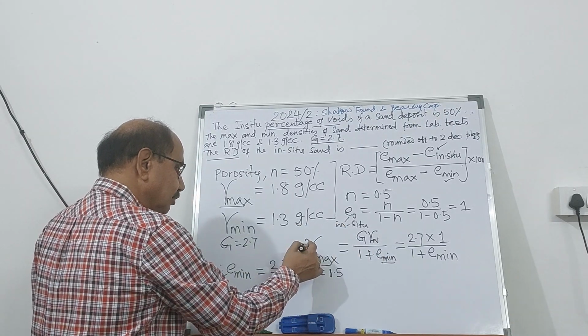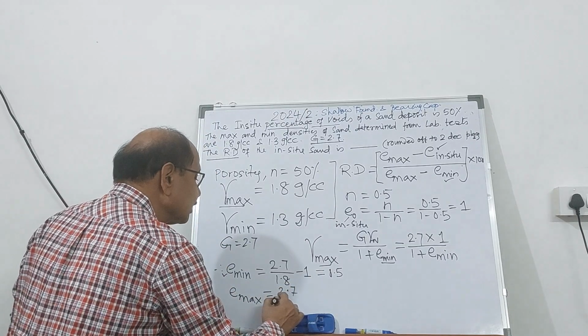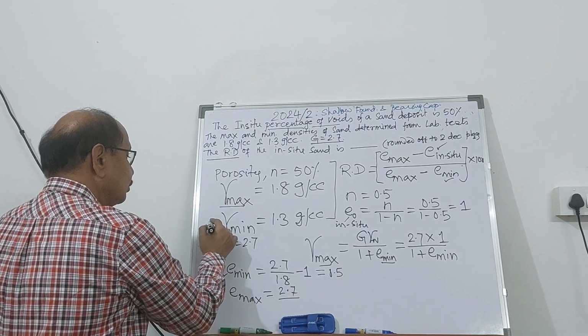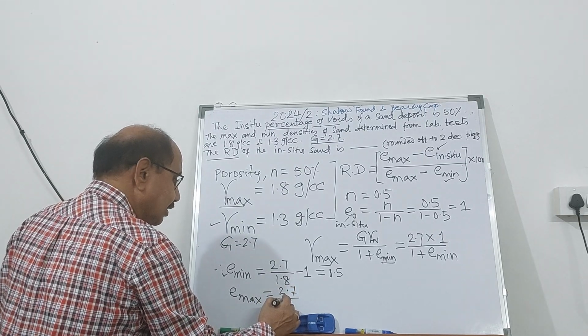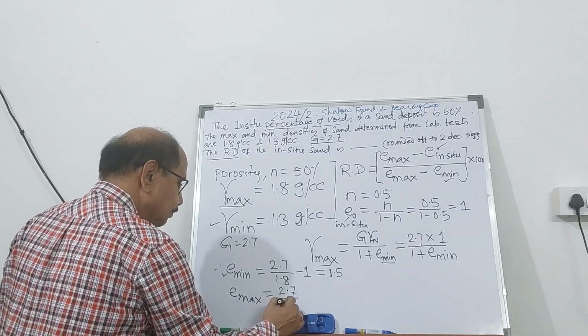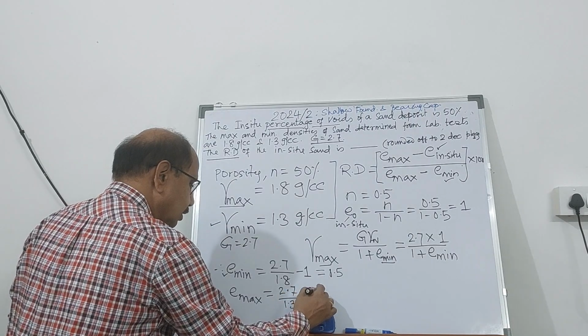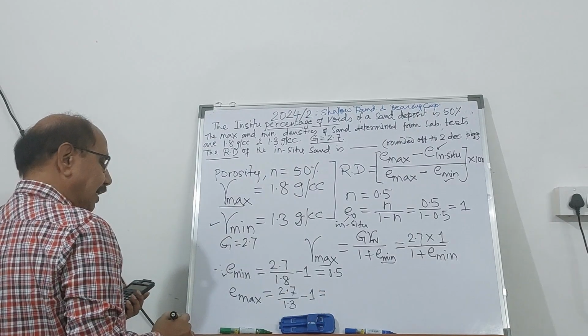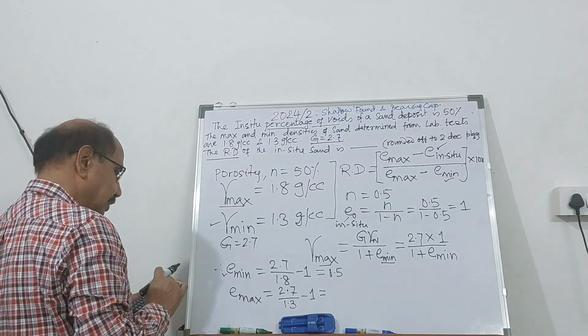So e maximum will be 2.7 divided by gamma minimum, which is given as 1.3, minus 1. Same way as you have calculated.